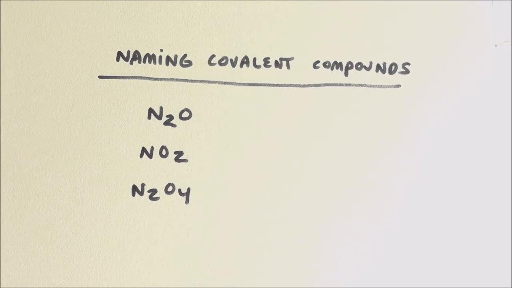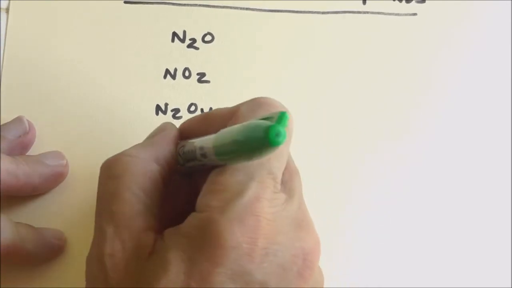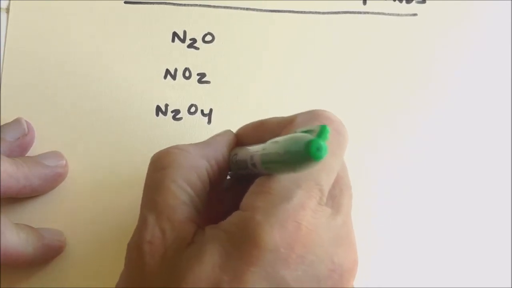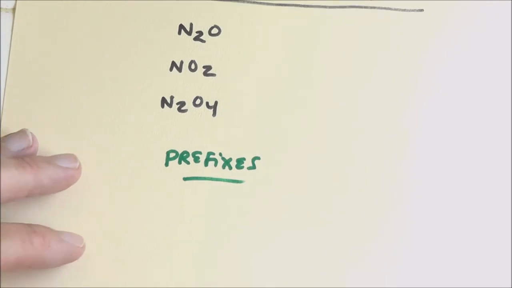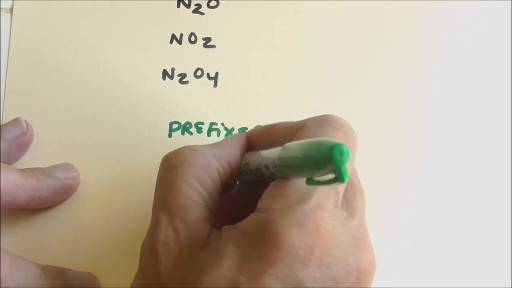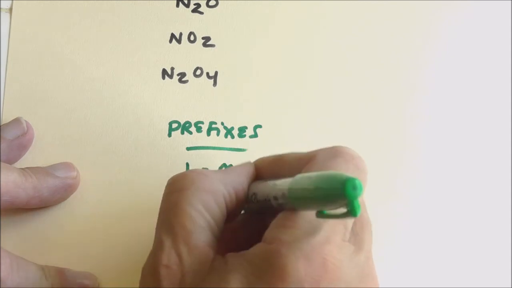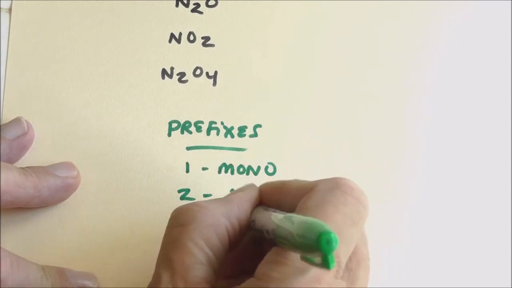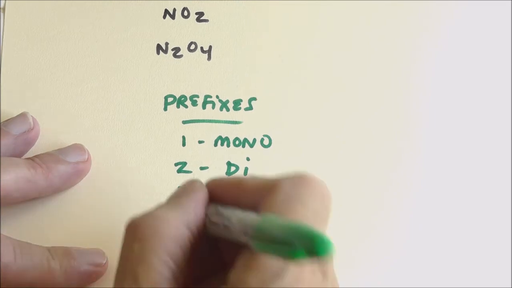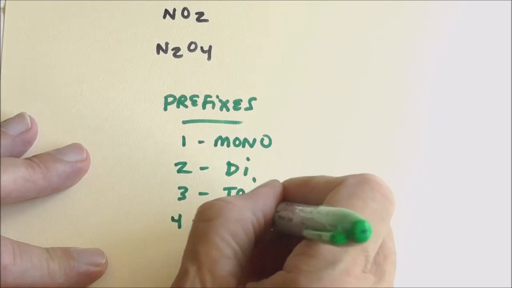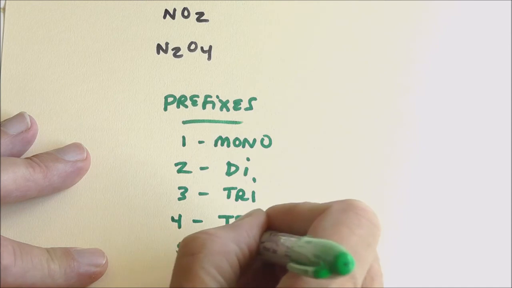So you still do the oxide, fluoride thing: the one that comes second, you put "ide" on. But we need to be more specific about how many there are of each. So we have some prefixes. Let's write those down here. Prefixes. If you got 1 of something, we call that mono. 2, di. 3, tri. 4, tetra. 5, penta. That's about all we need.